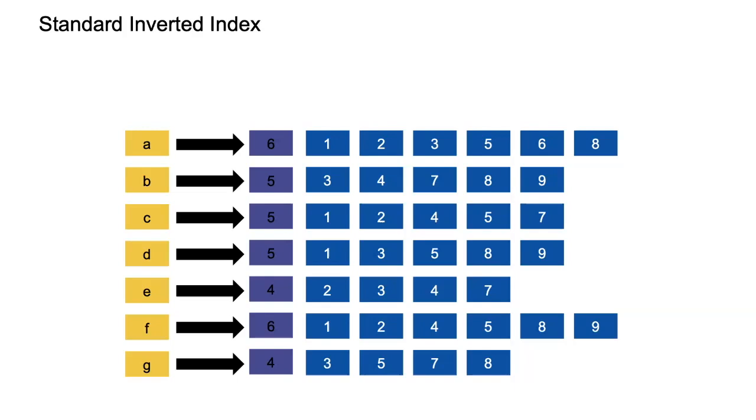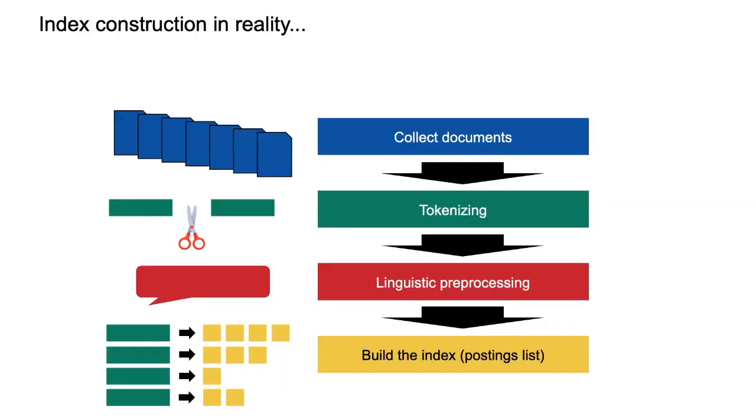We only display the document ID because the term is taken from the left every time. This is why, for example, we don't write A1, A2, A3, A5, because A is just on the left. So we just write 1, but the little square on the top left with 1 actually means A1. That's a posting. That's the standard inverted index.